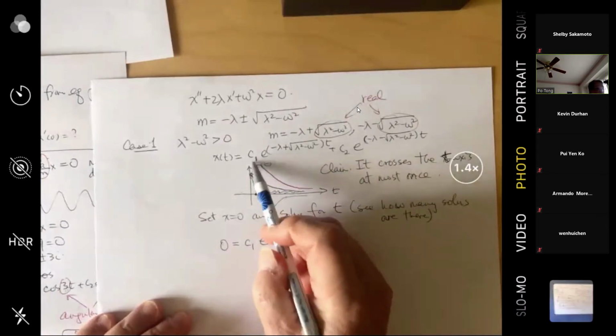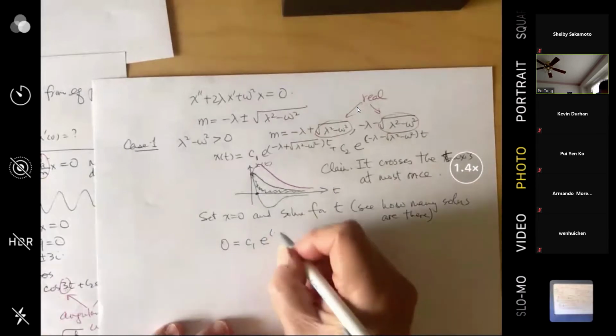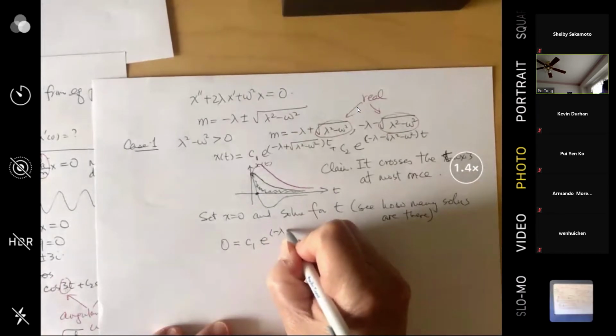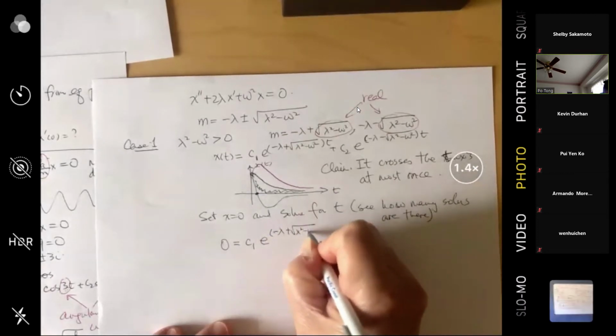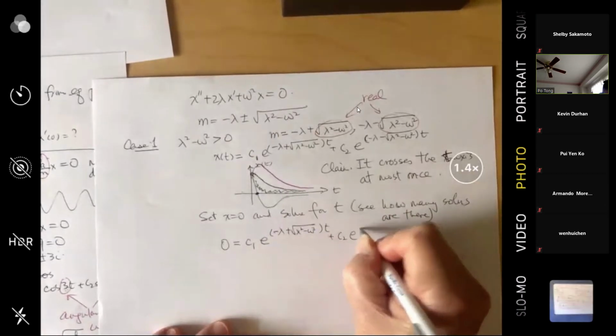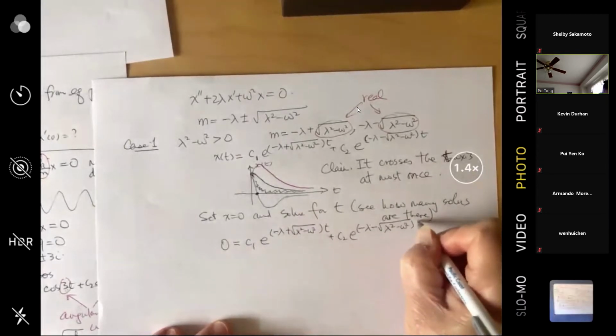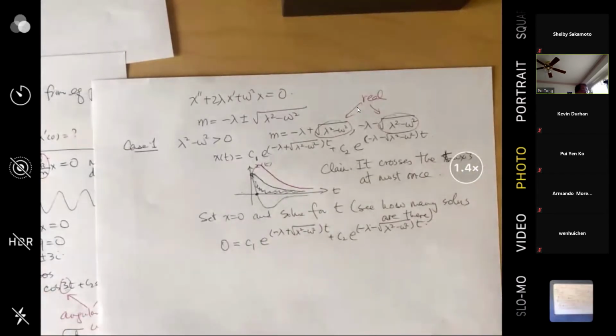Now remember, C1 and C2 are some numbers depending on the initial condition. How do I solve this equation for t? You have any suggestion?